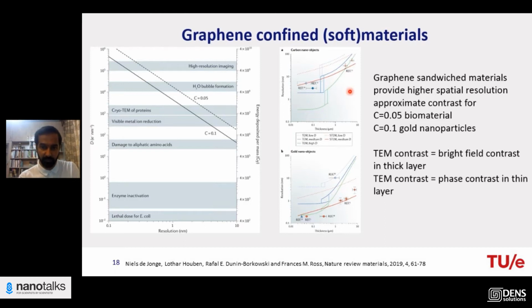So for carbon materials or for gold, I suggest that you go for this. But what they show is that if you use graphene, then because of the very thin layer of graphene and very thin amount of water that you get around your sample, you can reach very high resolutions. Maybe that is the limit of the resolution for liquid phase experiments.